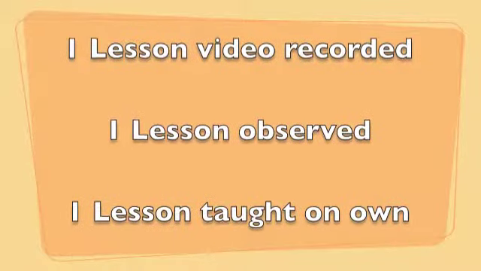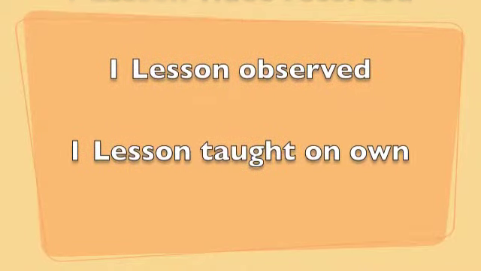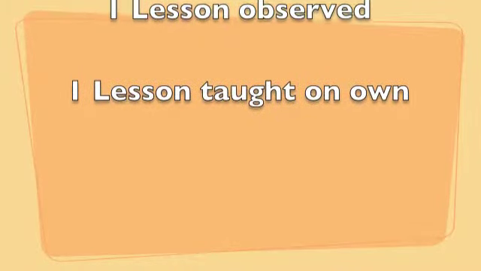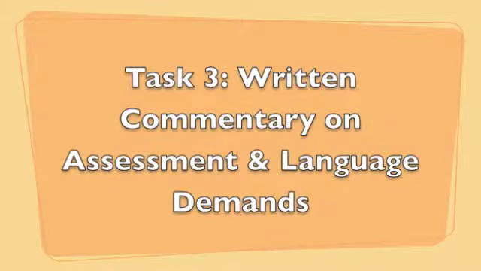It will be up to you to determine and schedule the order of how those are going to happen. After you teach the three lessons in task 2, you'll write some commentary reflecting on your effectiveness, how well things went, where and when and what you would make changes to, and there are a series of prompts again to which you will respond.